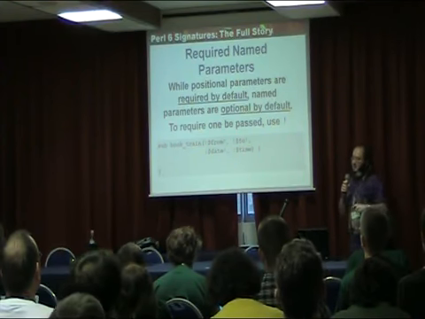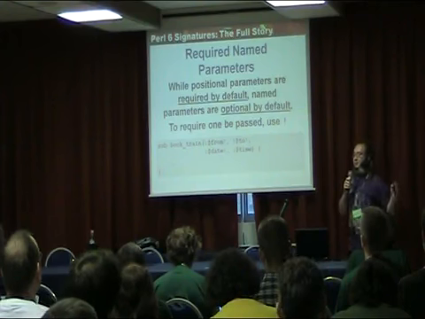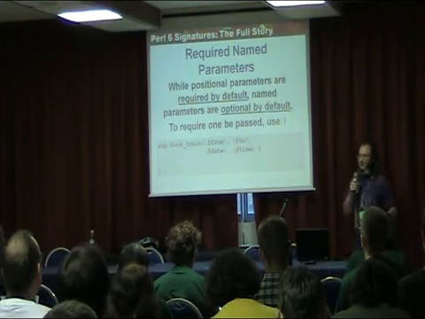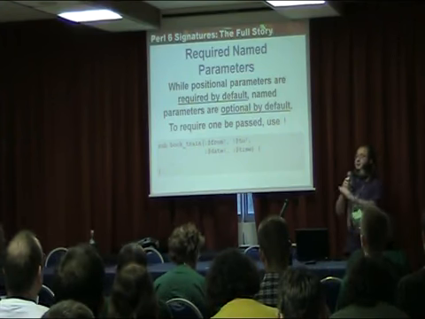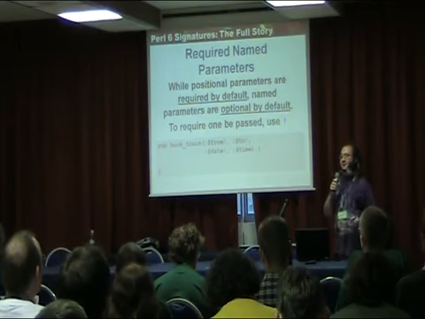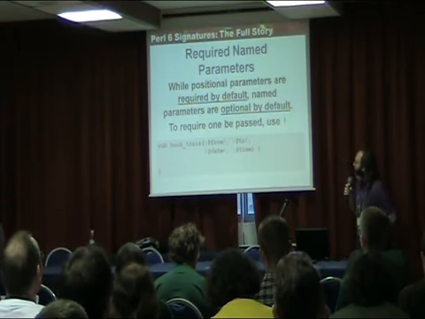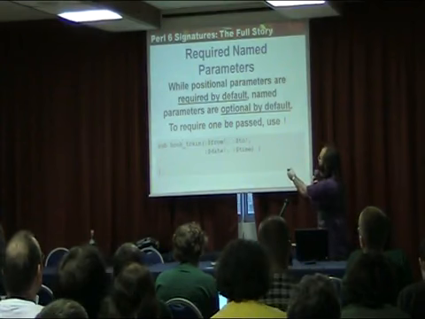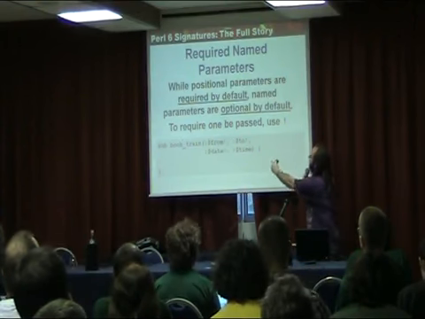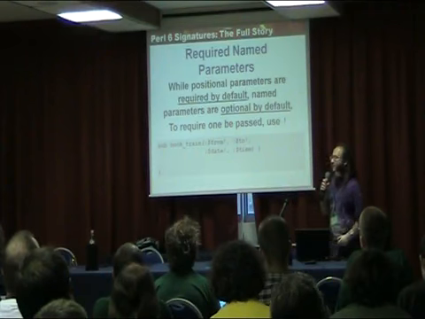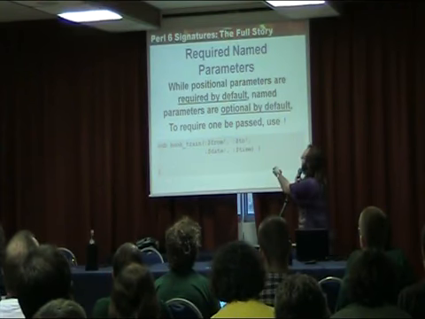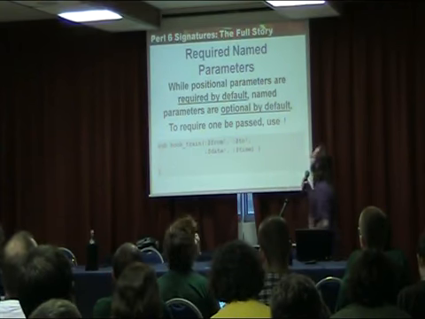So, it's like if I said, read the book, or I could have an adverb like quickly read the book, and your quickly in this would be kind of a named parameter. So here, if you actually want to require a named parameter, you just stick the exclamation mark after it. And so in this case, from, to, and date would all be required.